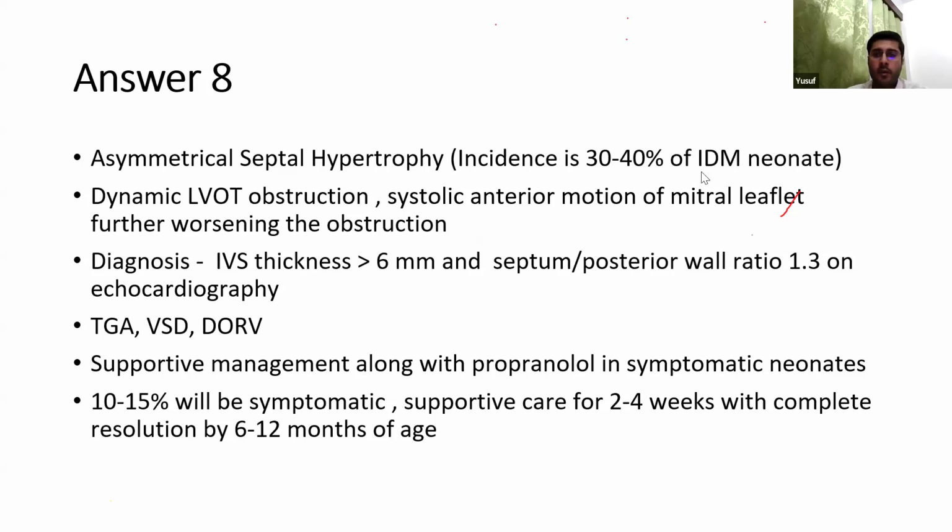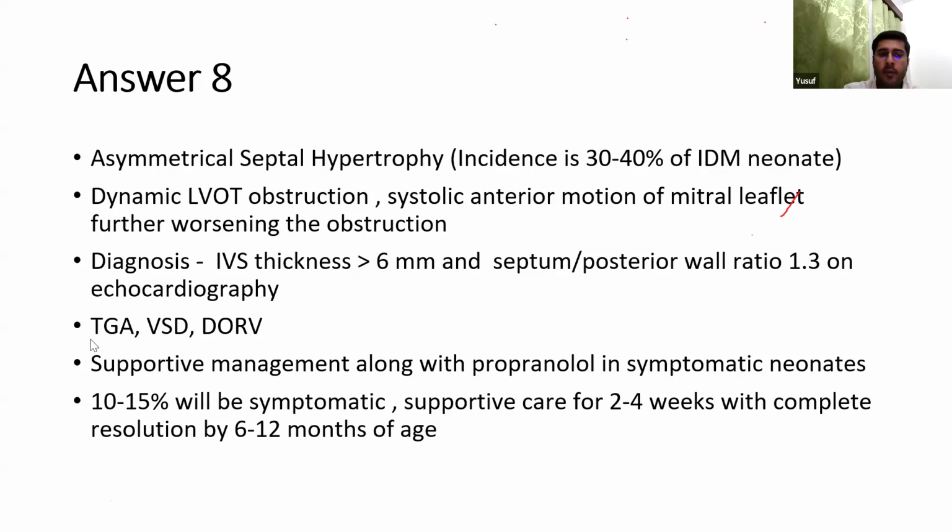Approximately 30 to 40% of infants of diabetic mothers will have this condition. It causes its effect by causing a dynamic LVOT obstruction, and further worsening of the obstruction is due to the anterior motion of the mitral leaflet. It is diagnosed if the interventricular septal thickness is more than 6 millimeter, or the septum to LV posterior wall ratio is more than 1.3 on echocardiography.